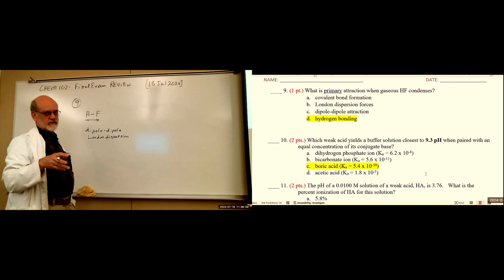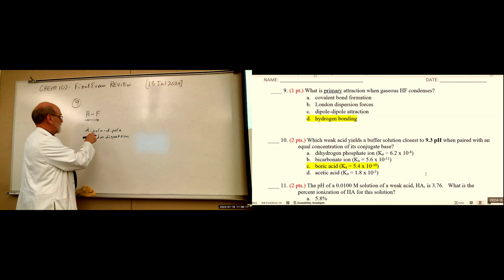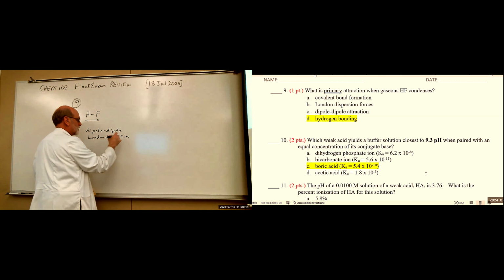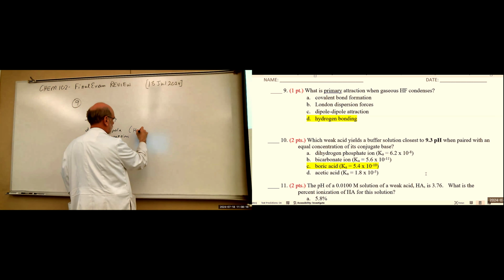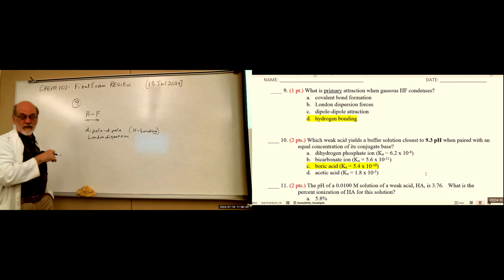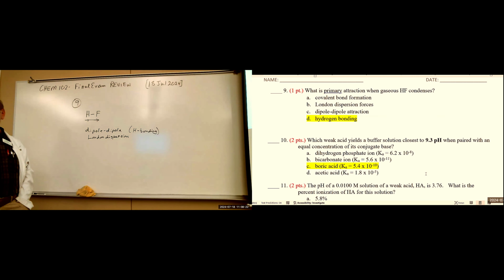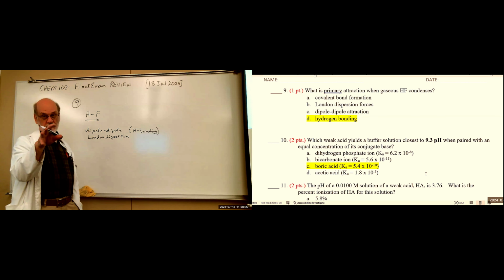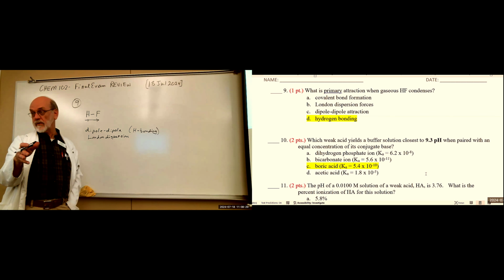If you have the choice, which we do here, remember, you have the opportunity for hydrogen bonding, which is a dipole-dipole interaction, but it's the strongest of that category. So if that one's missing from the selection, pick dipole-dipole.